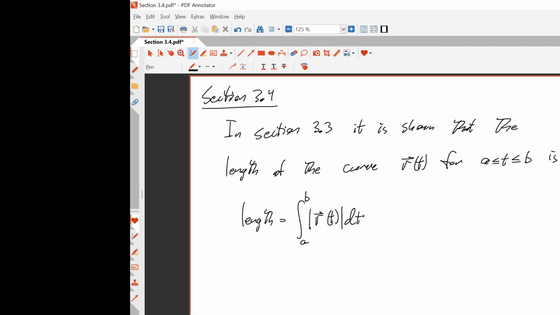It's the integral from a to b of the length of r prime of t dt. And that would be this curve that's being drawn by r of t, going in a certain direction. So t equal to a, t equal to b, and this is r of t.